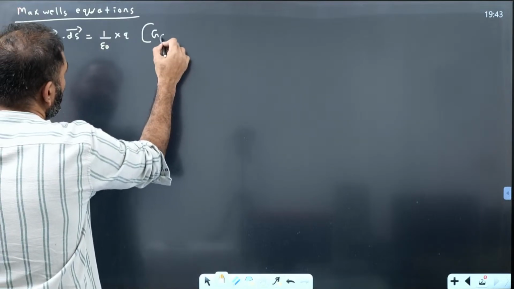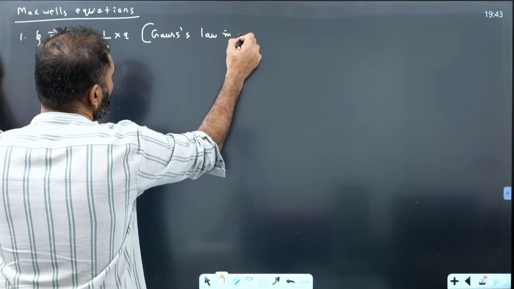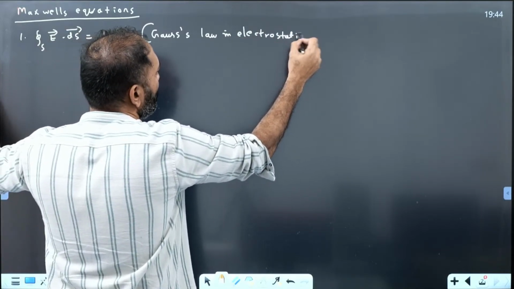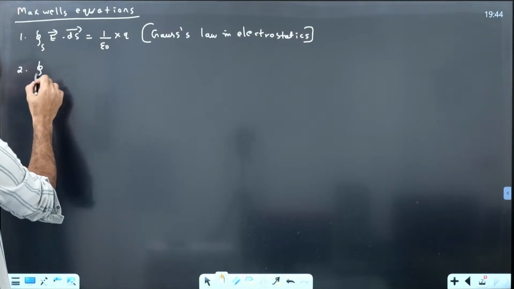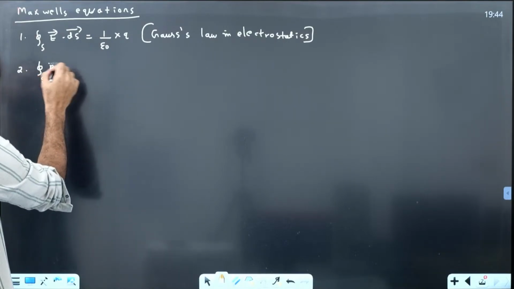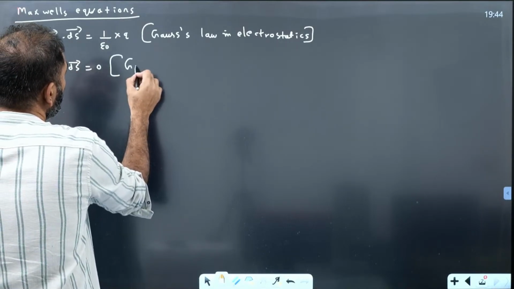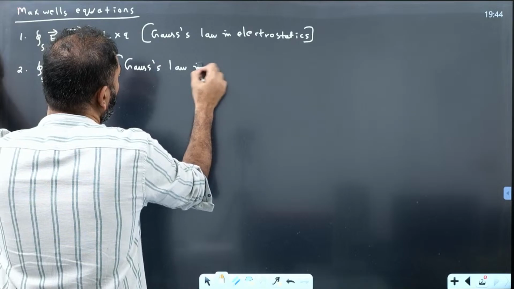Gauss's law in electrostatics. And what is second Maxwell equation? Integral over S B vector dot ds vector is equal to 0, which is what? Gauss's law in magnetism.